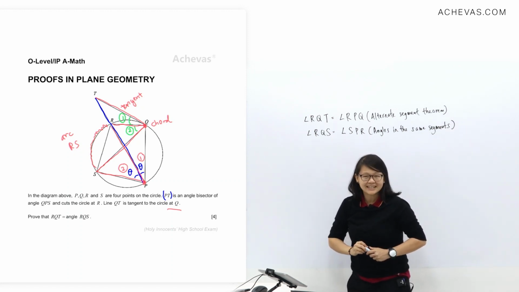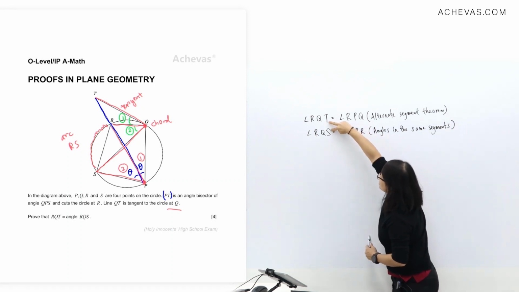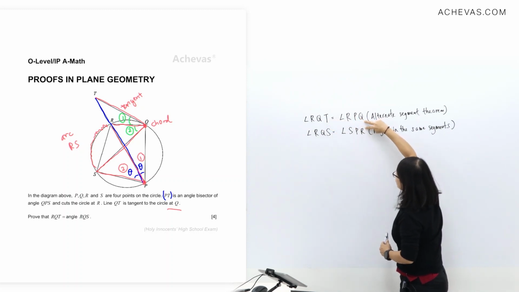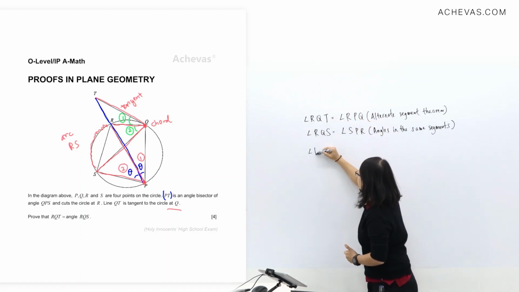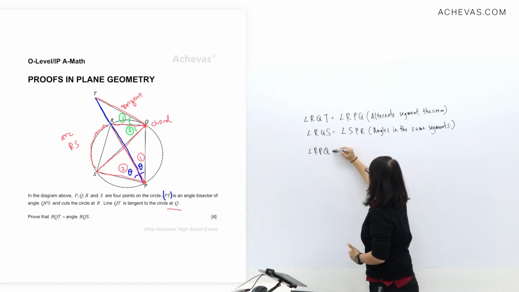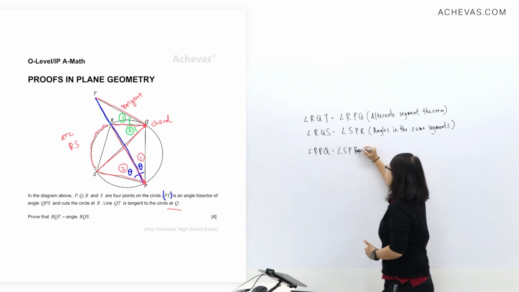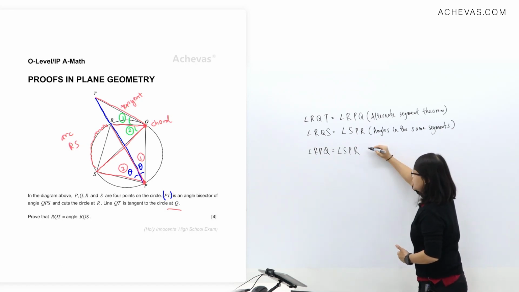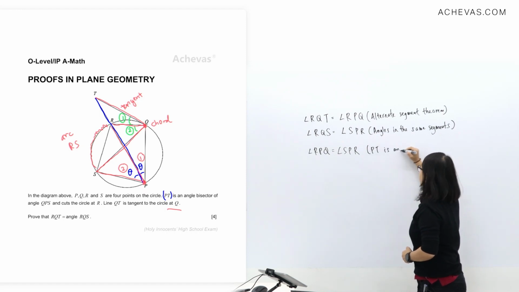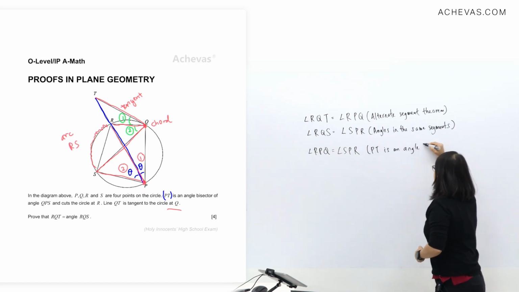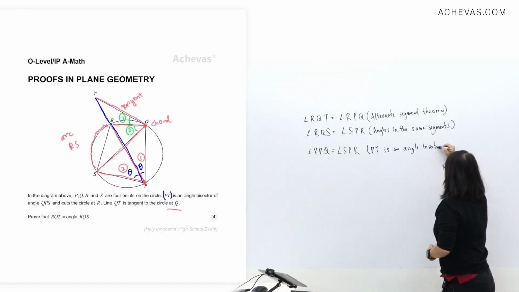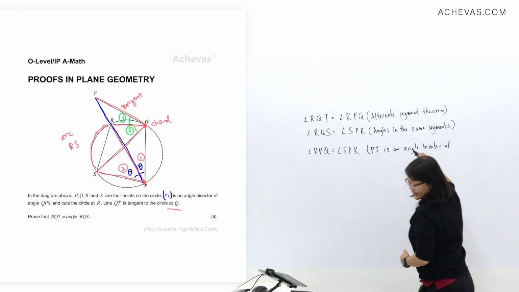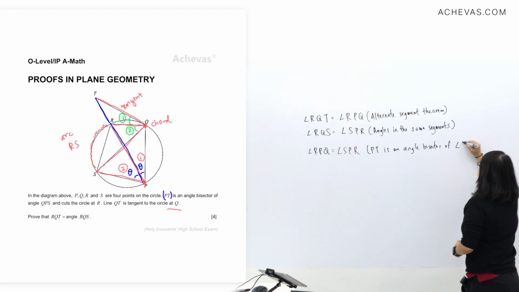Next, I'm not done yet. I'm going to explain why these two are equal. So I'm going to write the next line. Remember, these are the two angles which I labeled angle theta in the diagram. This one comes from the explanation where PT is an angle bisector of angle QPS.